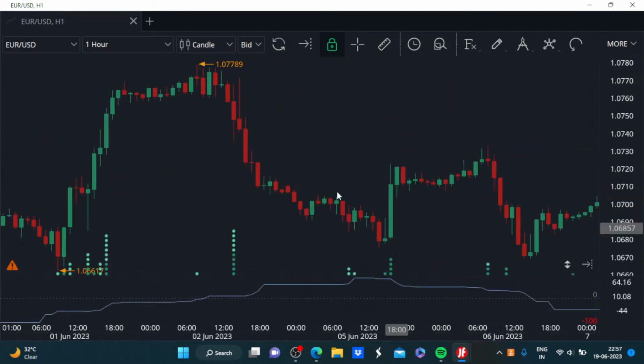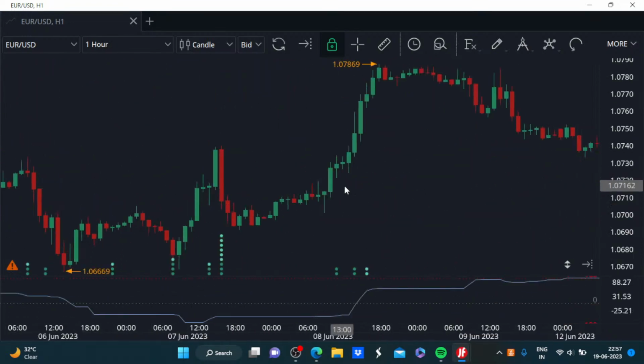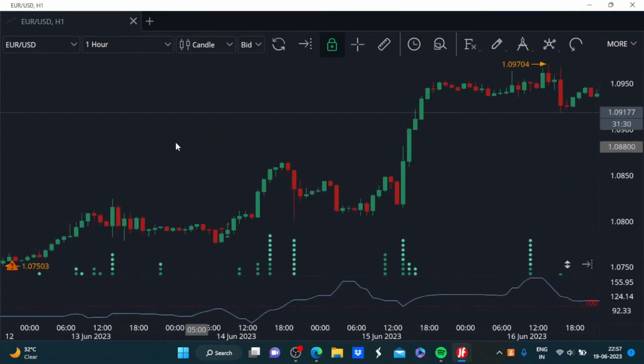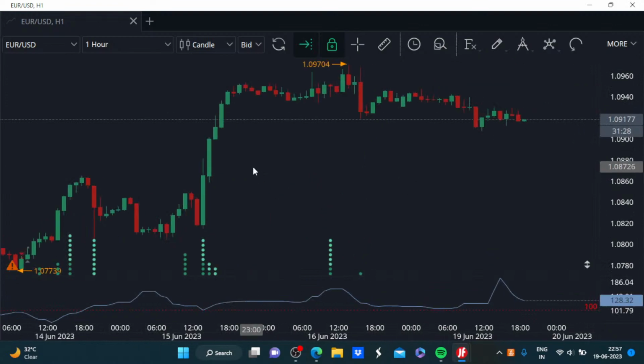It consolidated, and then afterward it changed course, and now we have seen it gaining almost 300 pips in the last couple of sessions.